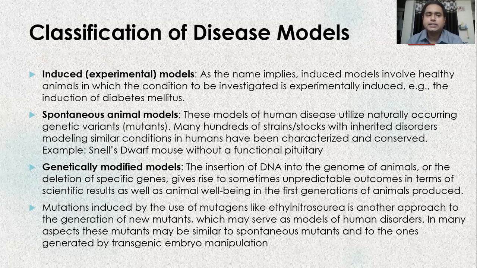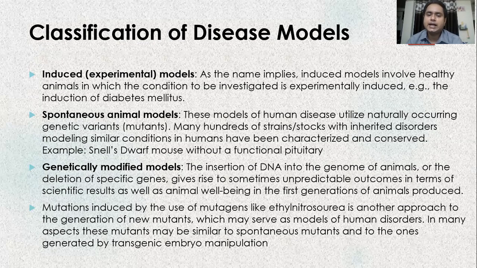For example, the induction of diabetes mellitus, induction of cerebral ischemia. The middle cerebral artery occlusion model also exists to mimic the condition of cerebral stroke. Then there is the spontaneous animal model. These animal models of human disease utilize naturally occurring genetic variants or mutants.